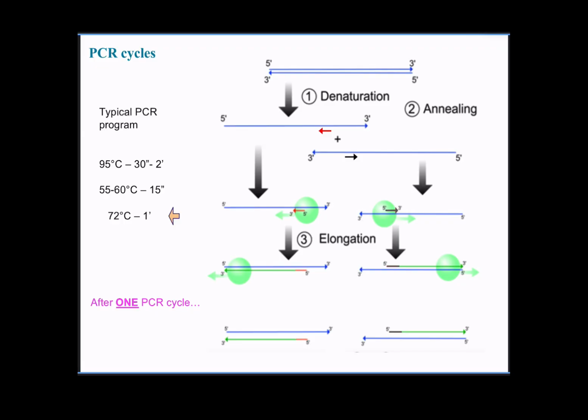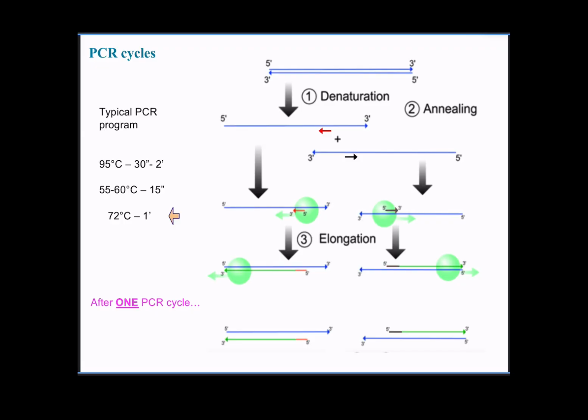Why? Taq polymerase works best at 72, but it works just fine at 55 or 60. And it will start adding nucleotides, and it has 15 seconds to add nucleotides. There is a calculation that says that a properly working polymerase will add about 1,000 nucleotides a minute. So if we do the math, we're talking a little over 100 nucleotides in 15 seconds.